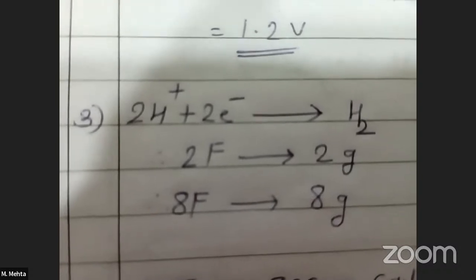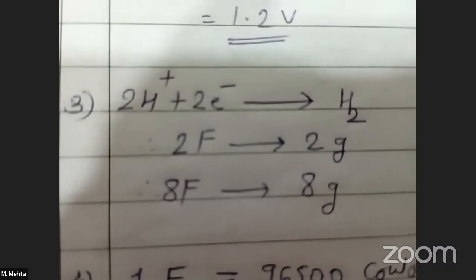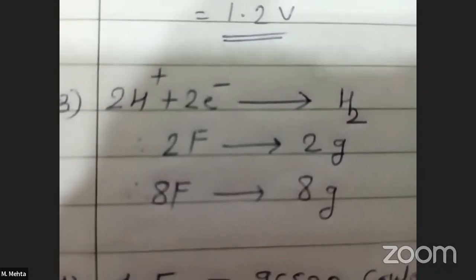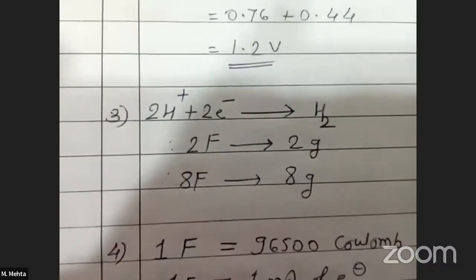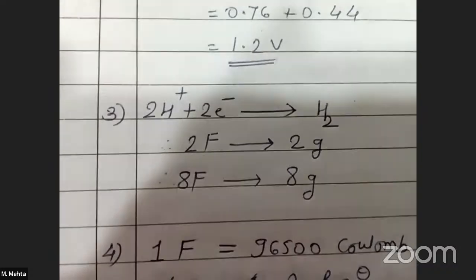So 2 Faradays are required to liberate 2 gram of hydrogen, as 1 mole of hydrogen corresponds to 2 gram. So according to the question, 8 Faradays are required to liberate 8 gram of hydrogen. So your answer will be 8.